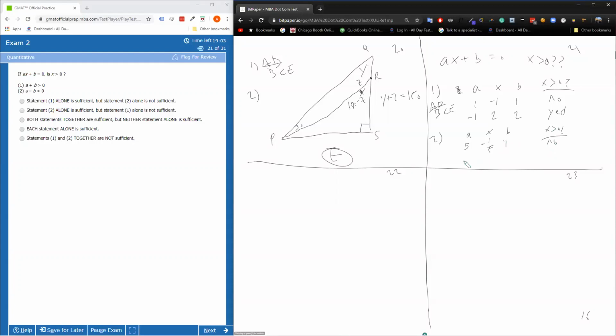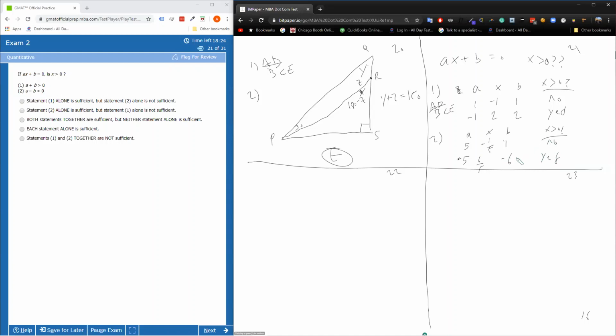No. So a here is 5, and this is what, -6. 5 minus -6 still is greater than 0. Then x would have to be 6/5, which is a yes.